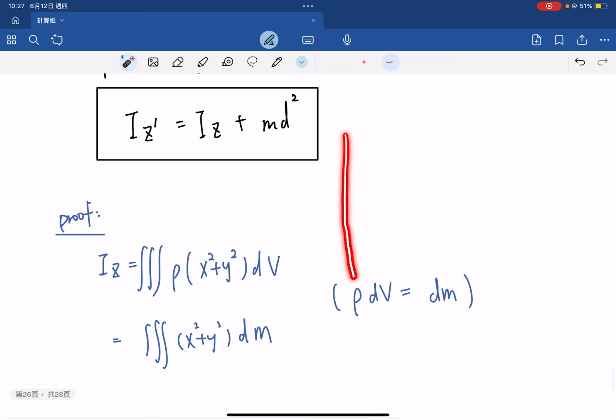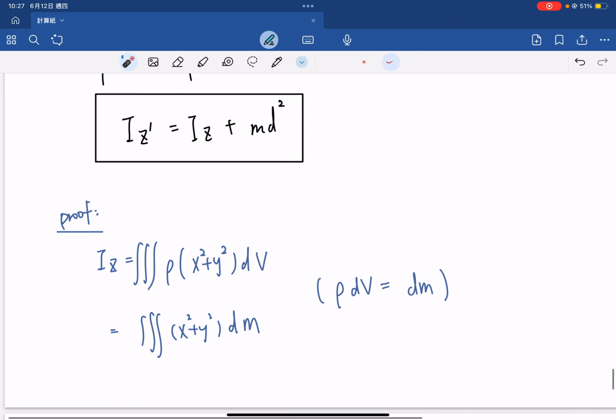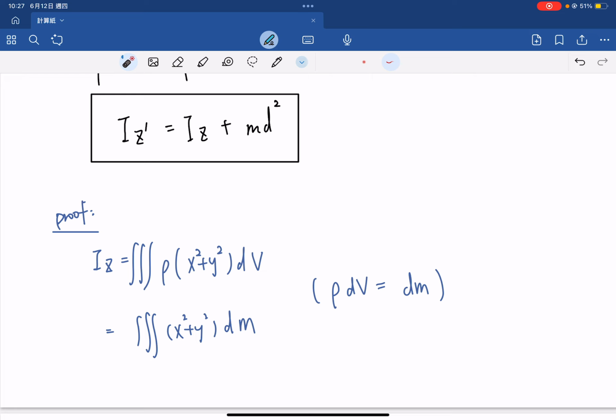Since the axis is the z-axis, the squared distance between the object and the axis will be x squared plus y squared. And since mu dV is equal to dm, it is also equal to the triple integral of x squared plus y squared dm.